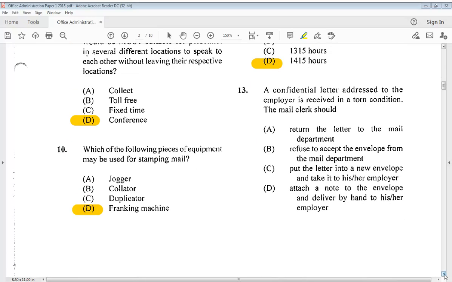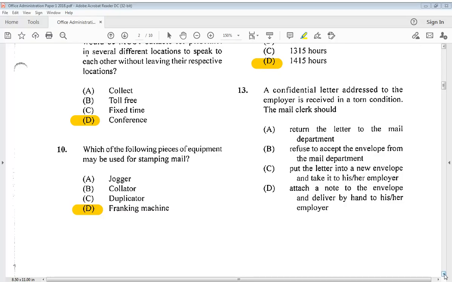13 says, a confidential letter addressed to the employee is received in a torn condition. The mail clerk should A. Return the letter to the mail department, B. Refuse to accept the envelope from the mail department, C. Put the letter into a new envelope and take it to his or her employer, D. Attach a note to the envelope and deliver by hand to his or her employer.